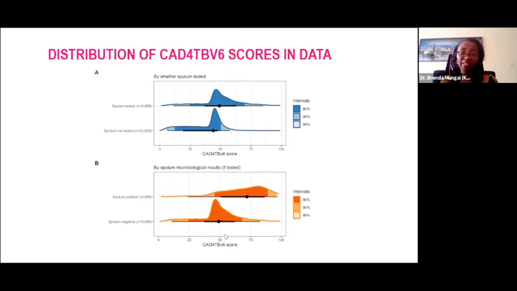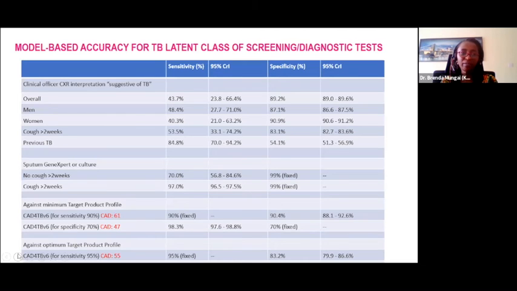So if we had done the prevalence survey using CAD, it would still have helped in triaging those patients that needed sputum done.